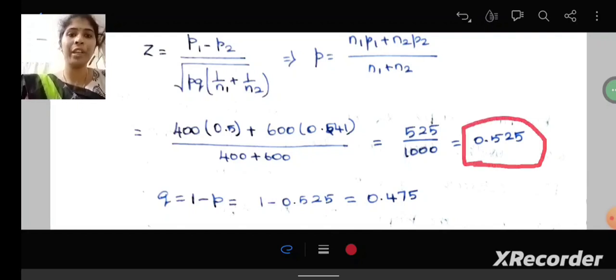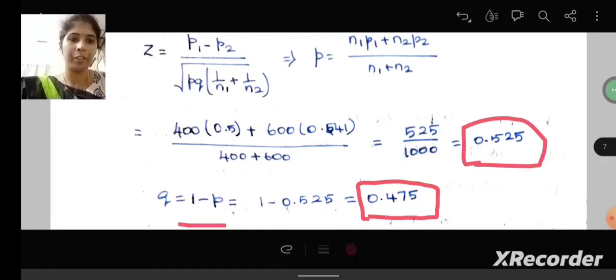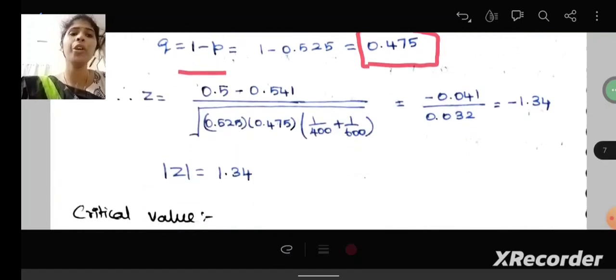To find q, we have the formula 1 minus P. On substituting the value of P, 0.525, we get the q value to be 0.475. Now we substitute the values of p1, p2, P, q, n1 and n2 in the test statistic formula, so that we get the final answer, that is modulus of z as 1.345.